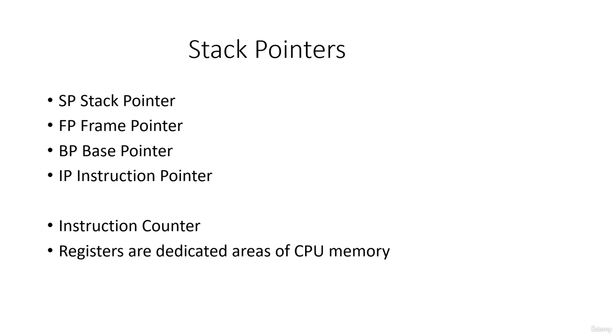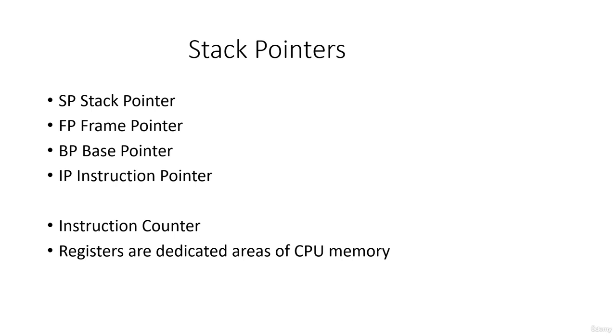The stack is managed using several pointers to keep track of the location of objects in the stack. We already learned that the stack pointer keeps track of where the next element will be pushed or popped off the stack. The frame pointer is always pointing to the beginning of the stack frame of the current function call.